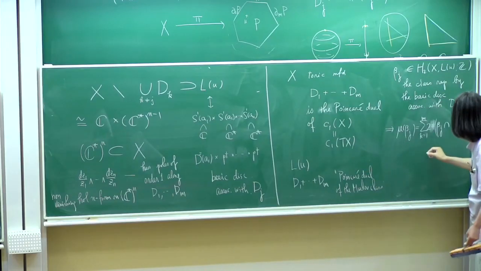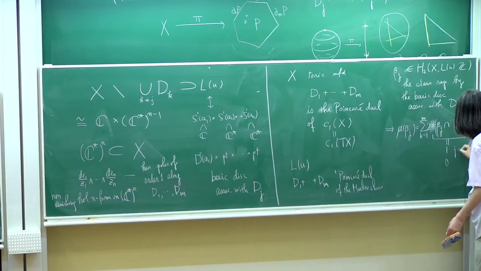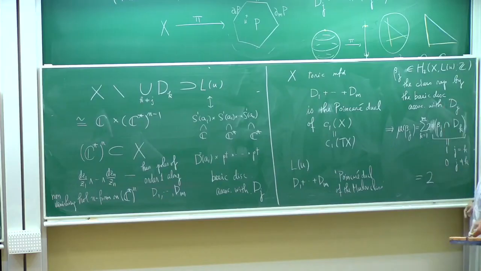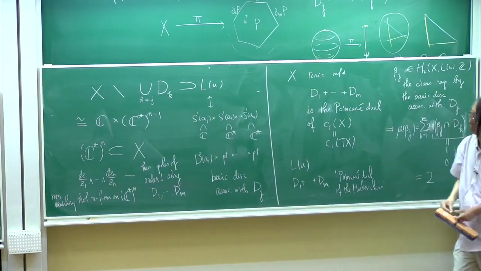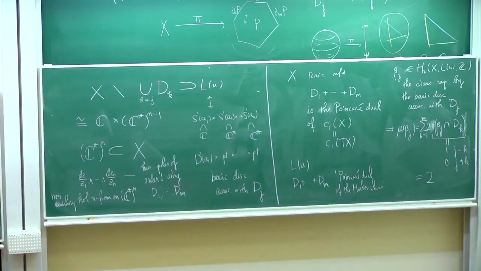And this one is equal to 1 or 0 depending on whether j equals k. So therefore this is just equal to 2. So this one has Maslov index 2. So these are Maslov 2 disks, and Maslov 2 disks are quite nice.